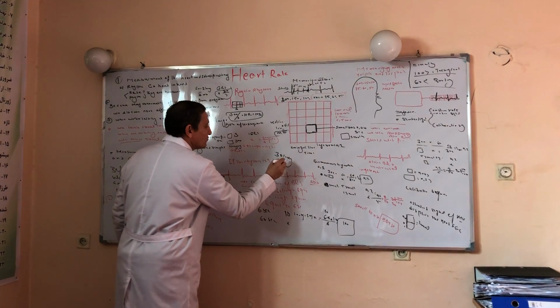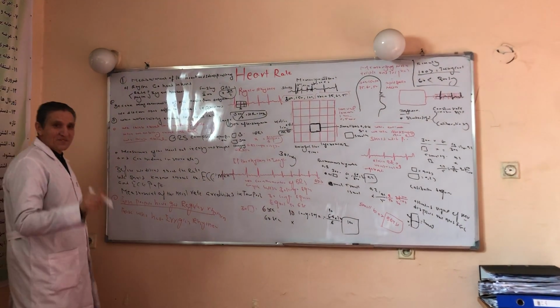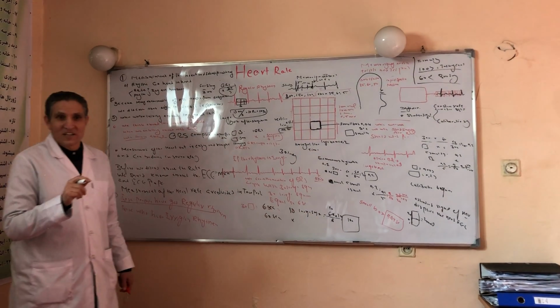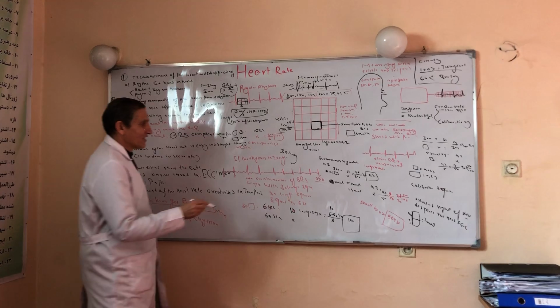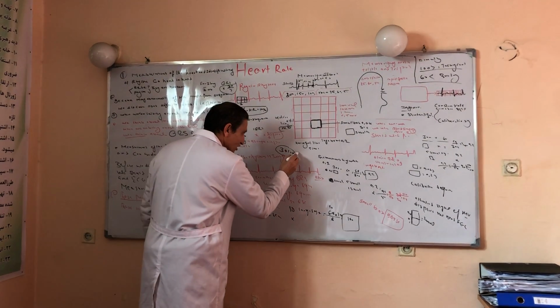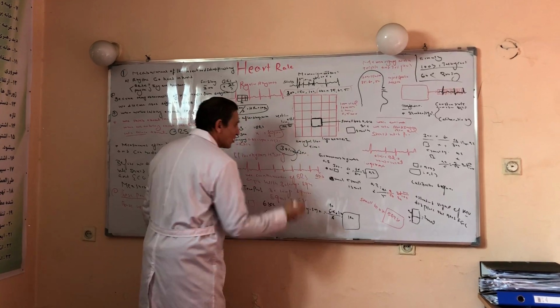We know these 30 large squares represent 6 seconds.